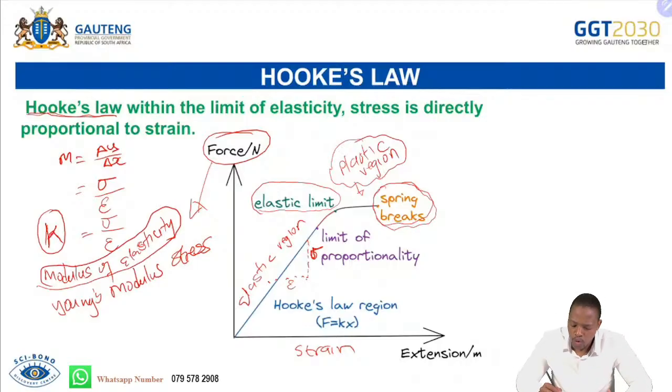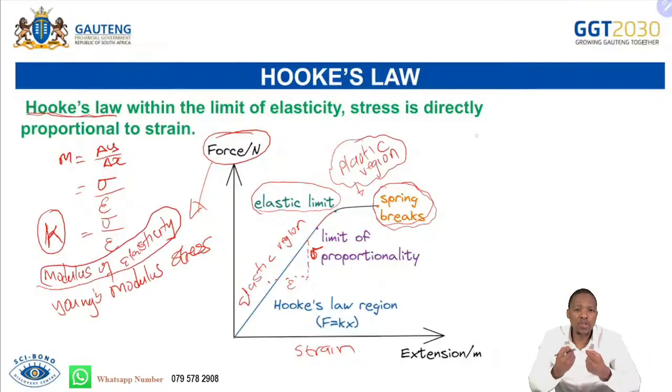So you are going to compare them: a spring used in a pen versus a spring used on a gate, those gates that use springs to bring them back, or a spring that is used in a car. Cars use springs, and that spring is huge. If you check between those two springs, one spring will have a very small modulus of elasticity. The other one will have a very high modulus of elasticity.